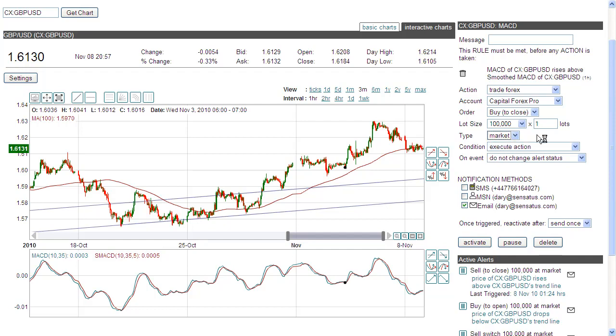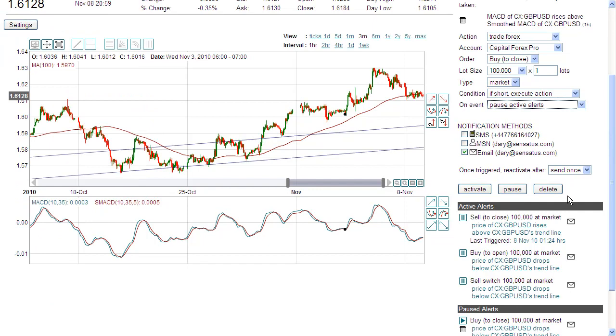I'm going to leave it at market because I don't know what the limit price will be at that future point in time. Only execute if short. So if the trend line trade executes first, then this trade will not execute. And as before, I will pause the active alerts and then decide what to do next at that point in time. So I'm just going to pause this now.